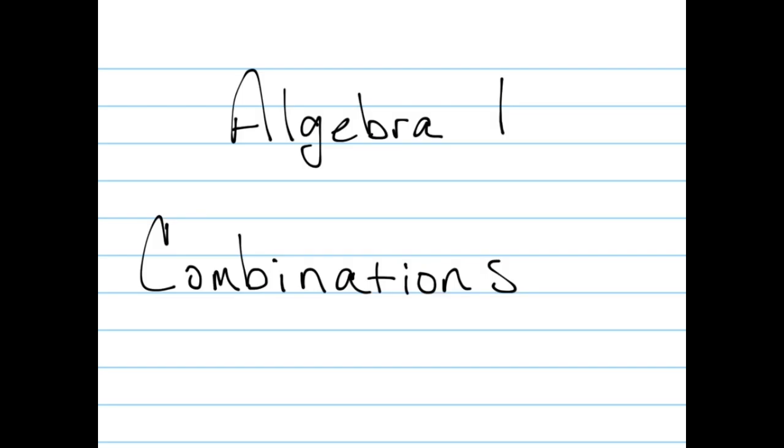So, for example, example 1 says, count the combinations of 2 letters from the list A, B, C, D. Well, let's think about the ways we could put them together.